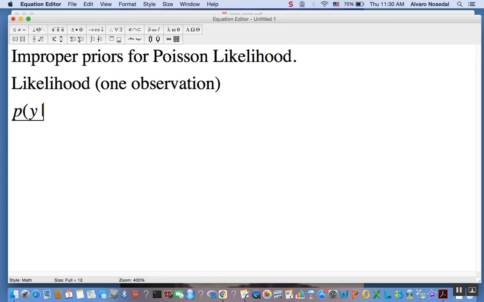So one observation y, the probability of observing y given mu, right? We know that the probability mass function for a Poisson with parameter mu is mu to the power y divided by y factorial, e to the negative mu.